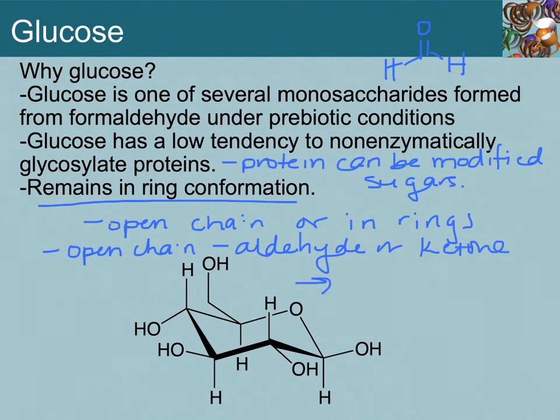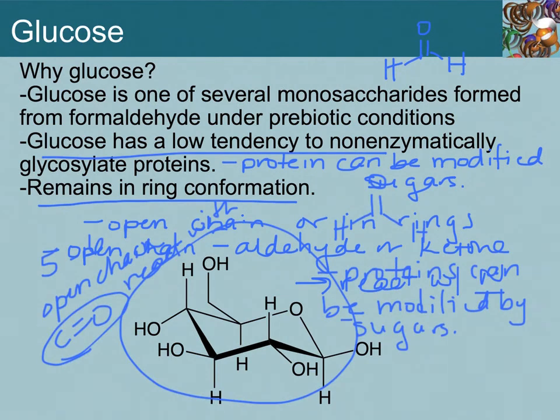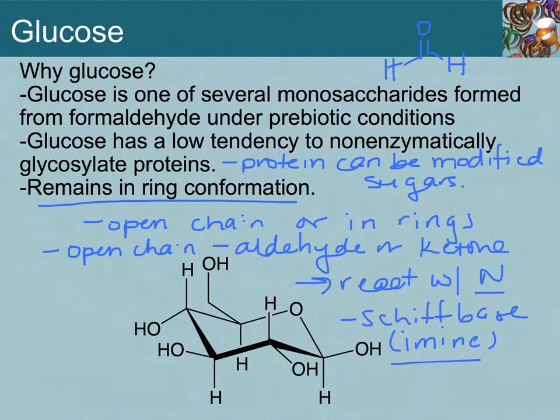The aldehyde and the ketone can react with nitrogen, and you form a Schiff base, or if you remember back to organic, and we'll see this later, an imine. Okay? And so we don't want this reaction to occur. We would like glucose to remain stable in its ring conformation and only be in the open chain when we need it to react accordingly.